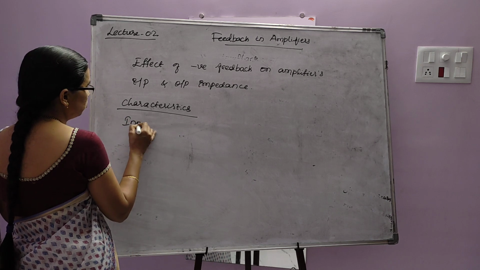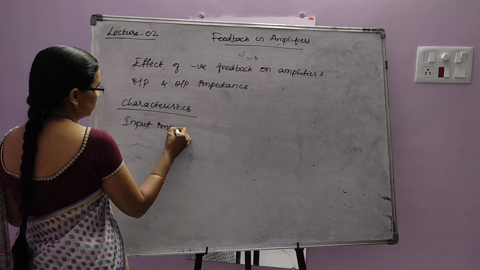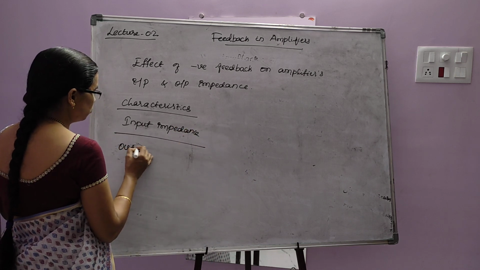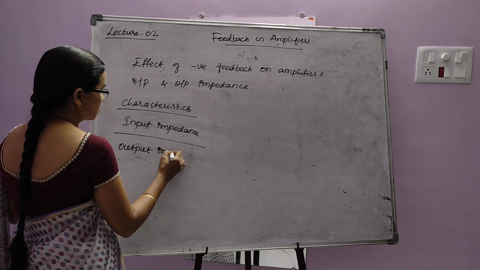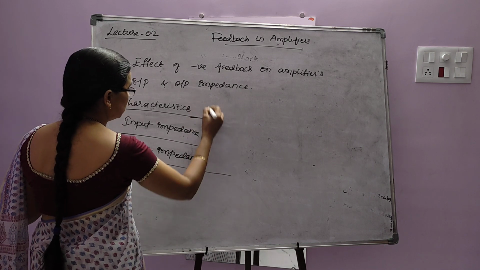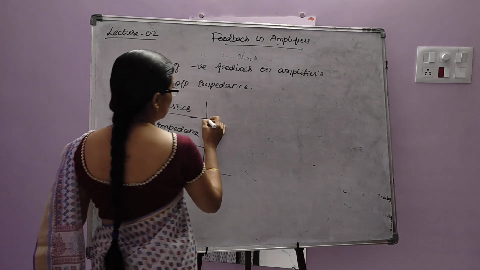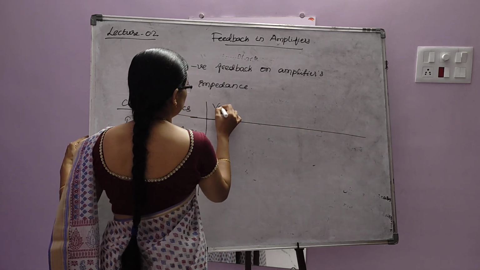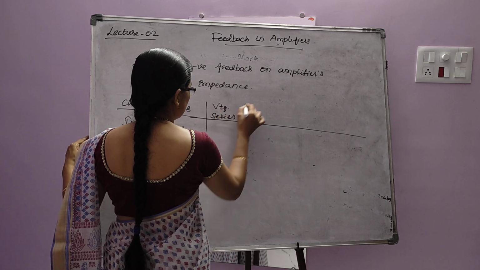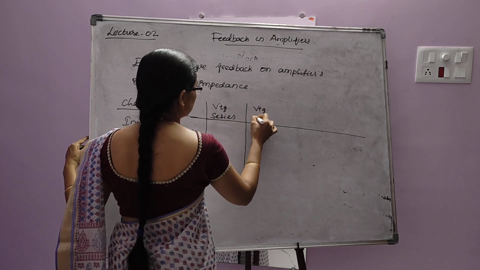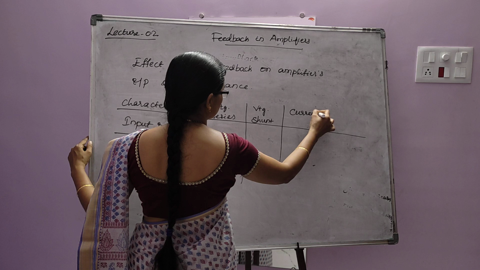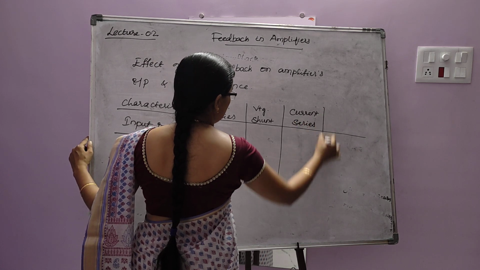First one is input impedance, second one is output impedance, for all the four types of connections: voltage series, voltage shunt, current series and current shunt.